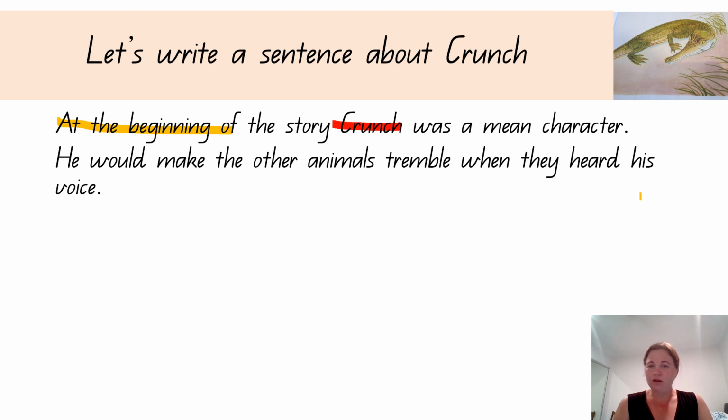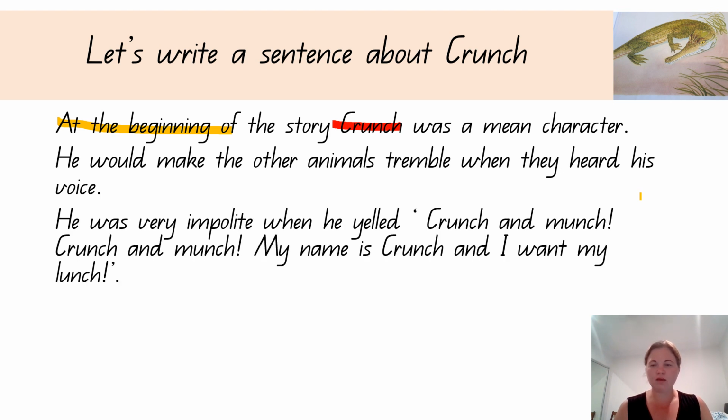Why was he mean? What did we read in the story? He would make the other animals tremble when they heard his voice. That was a right there answer in the story. The author used the word tremble, or another word for shake, to show us that the other characters were frightened of Crunch. He was very impolite when he yelled, "Crunch and munch, crunch and munch.